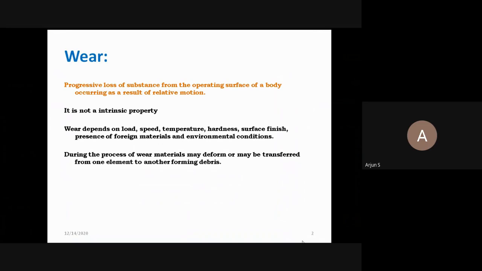In some cases, it might form debris, surface removal of material might take place, dents may be formed. In some applications, material transfer may take place because of chemical reactions, as in rust formation. The best general example is rust formation on metals.